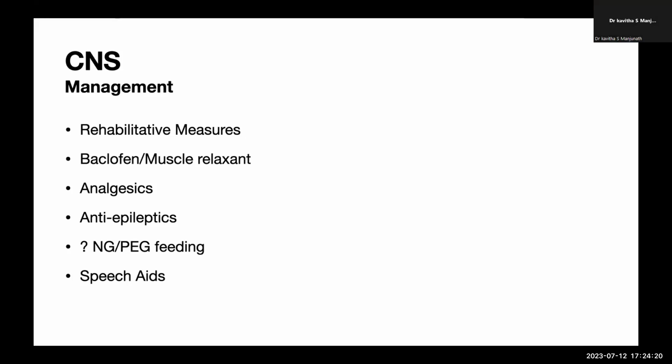Yes, you'll use your step ladder for the nociceptive, somatic pain. For visceral, it will be your acetaminophen, your NSAIDs, and your opioids, weak or strong. Anything specific for the visceral pain?